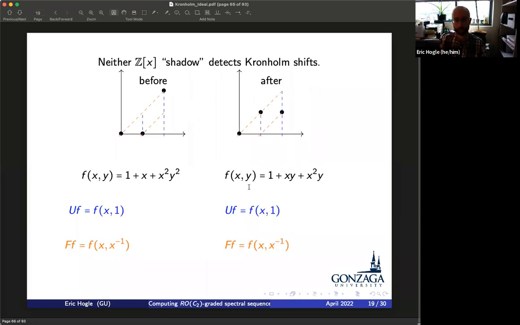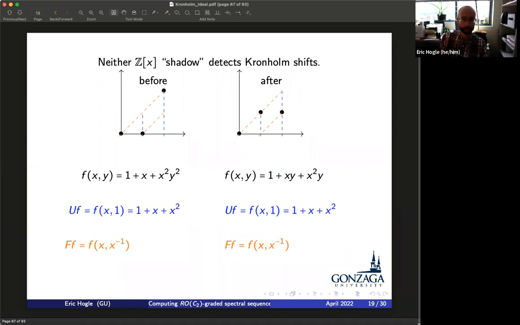Okay, so for example, we saw this shift before, where this guy comes up and this guy comes down to put us here. Here's our fancy Poincare polynomial for this situation. This point is 2 in the x direction and 1 in the y direction, so I have this x squared y. This point corresponds to this term, and this is 0, 0, so that's x to the 0, y to the 0.